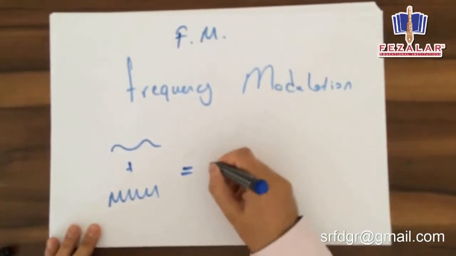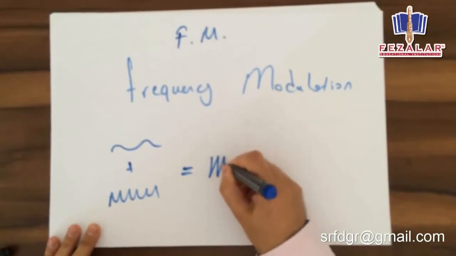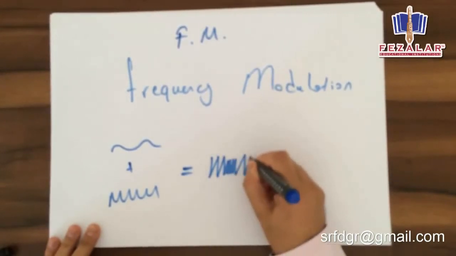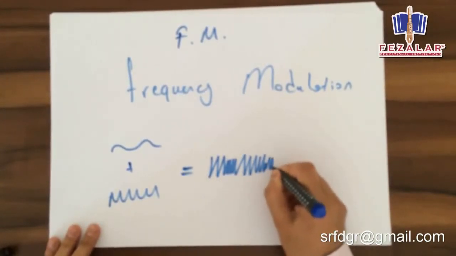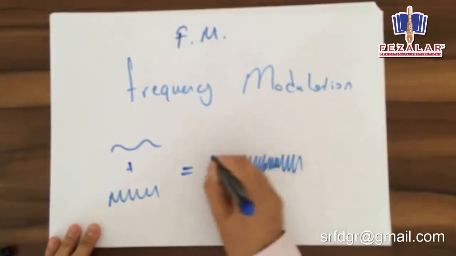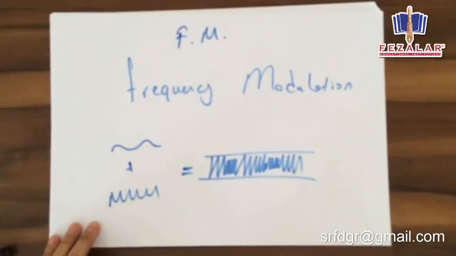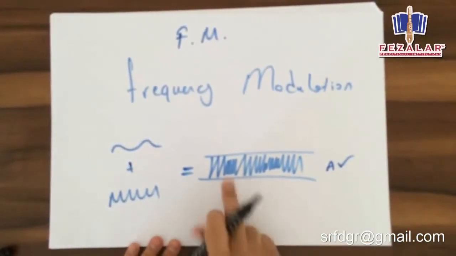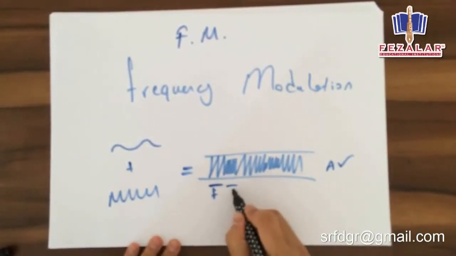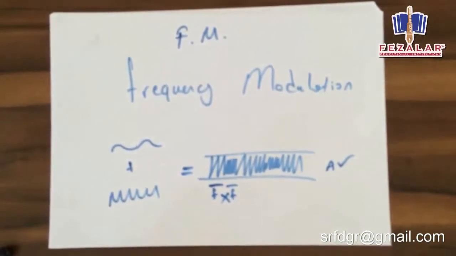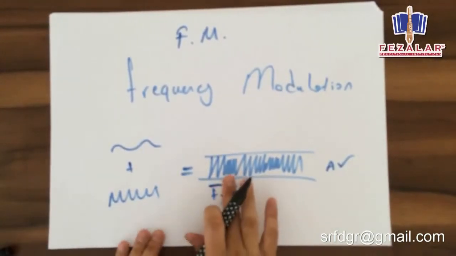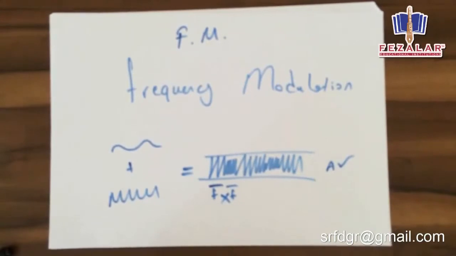At the end, we have a wave with approximately the same amplitude. The amplitude is constant, but as you see, the frequencies are different. So that means the frequency of the wave is modulated. This modulation is called frequency modulation.